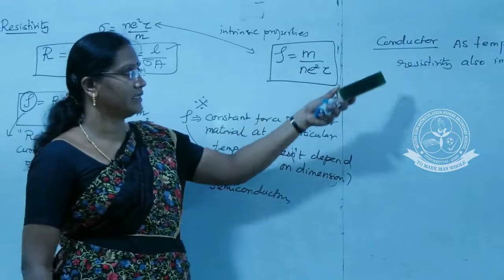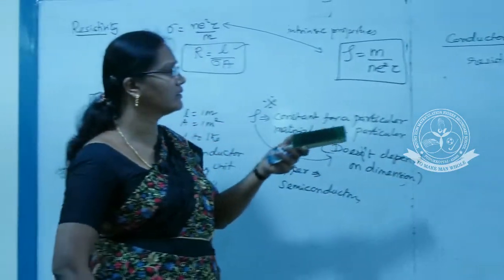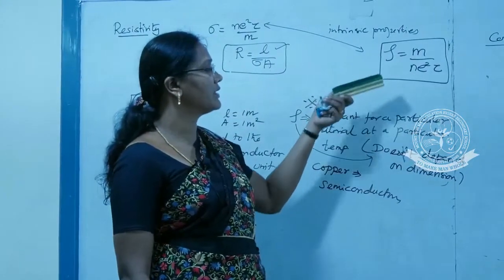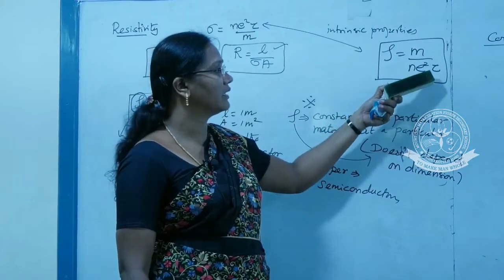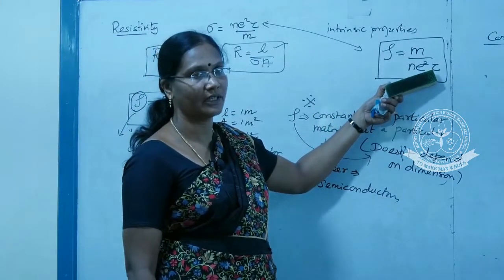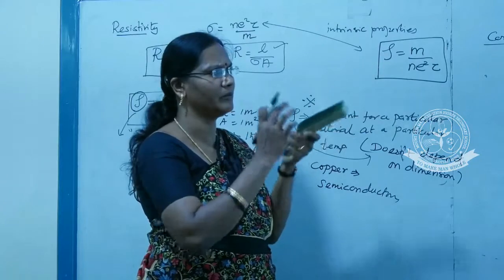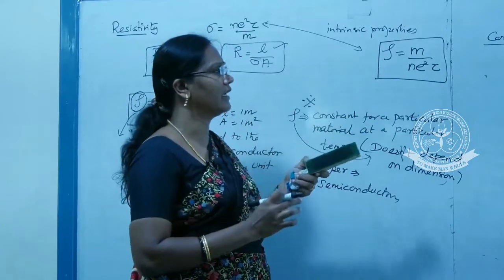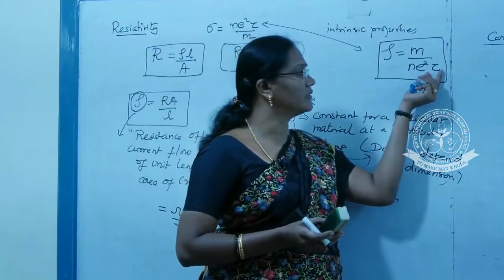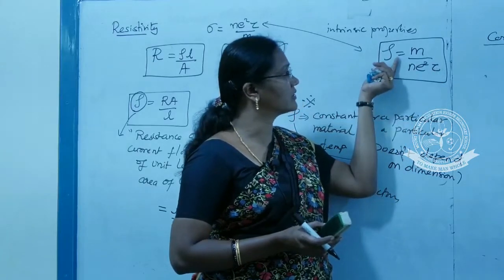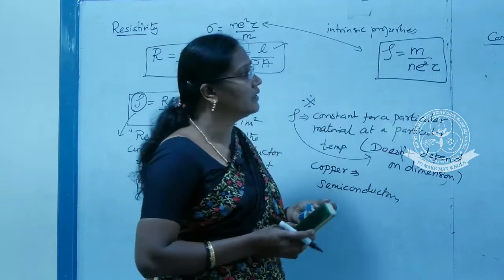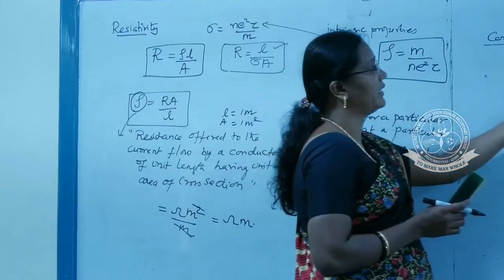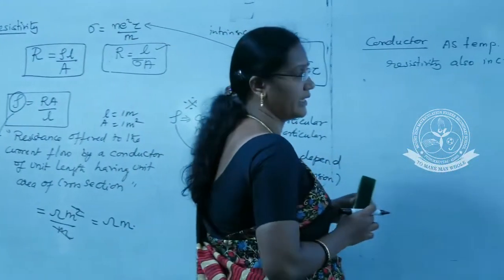Why is the resistivity changing? As temperature increases, what happens? The electrons move very fast in a conductor, so the time taken between collisions will be less. If it is less, the resistivity will be more. So resistivity will increase in the case of a conductor.